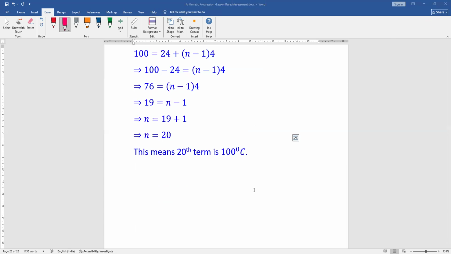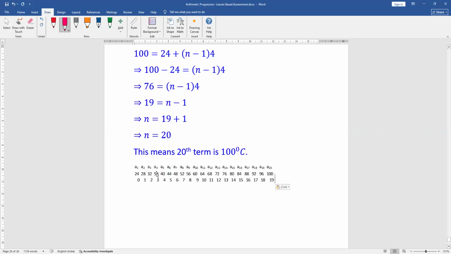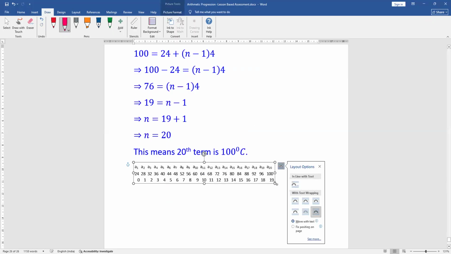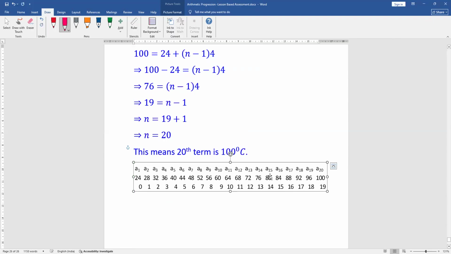Now, let me explain something here. Here is the actual table I have built. So here, A1 is how much? 24. So A1 is 24, A2 is 28, like this it's going on.